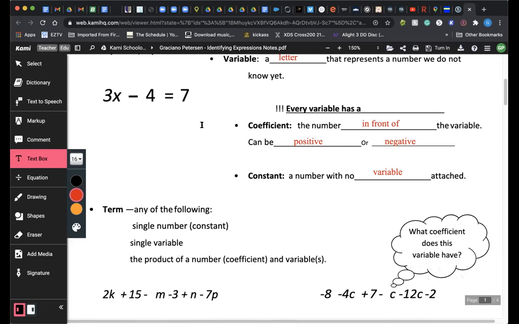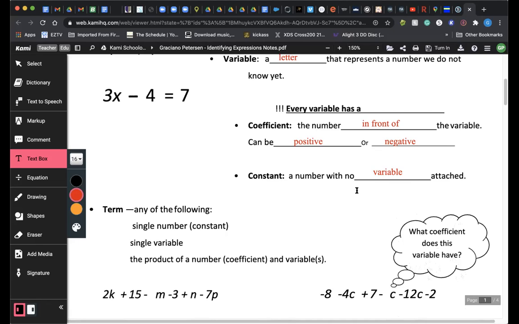Sometimes you are asked to combine like terms. We will get to that step in a second. But when you're asked to combine like terms, you are putting together the terms that are similar. In this equation, 3x minus 4 equals 7, what terms are alike? -4 and 7, because they are both constants, numbers with no variable attached.